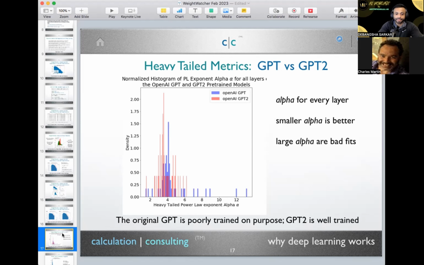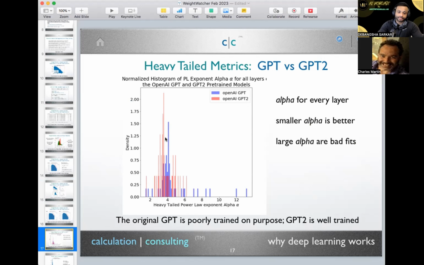So here's an example. One of the predictions, predicted by the JMLR paper, is that, generally speaking, smaller alphas should correspond to better generalization. When you compare GPT versus GPT-2, and you plot all the alphas for every layer, GPT is blue, GPT-2 is red.